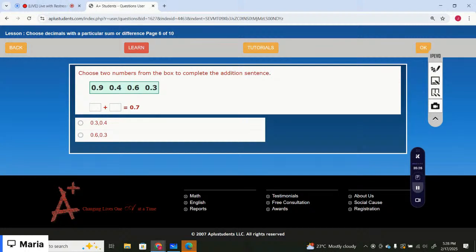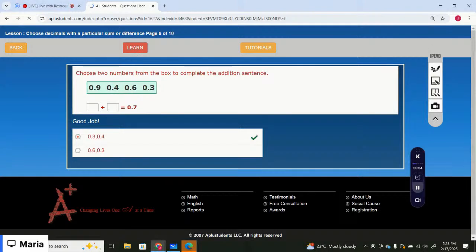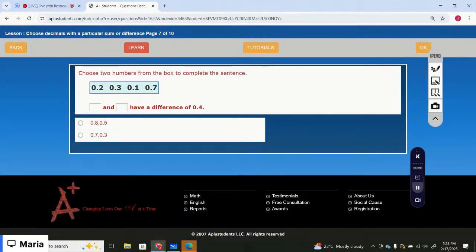The correct option is option number 1, 0.4 plus 0.3 is 0.7. Option number 1 is the correct option. Which two numbers have the difference of 0.4, which is the correct option?